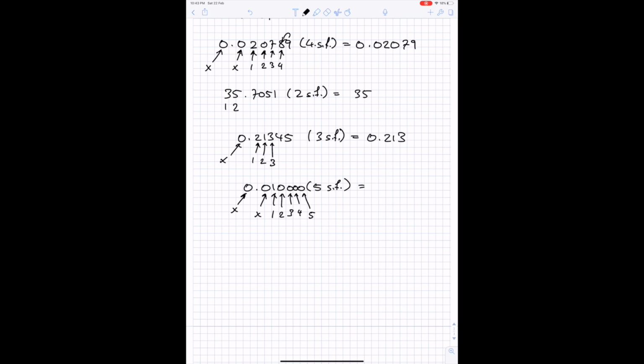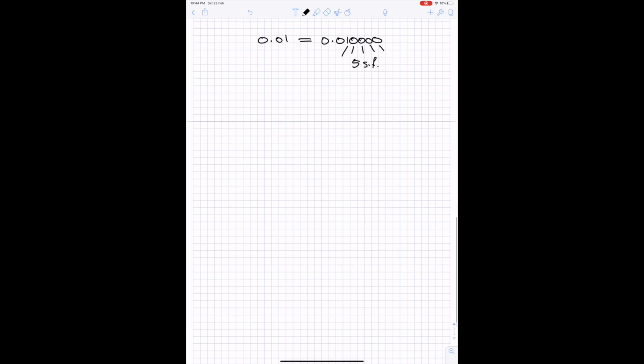This would become 0.010000. So just to reiterate, 0.01 becomes 0.010000, so there's 1, 2, 3, 4, 5 significant figures that are needed.